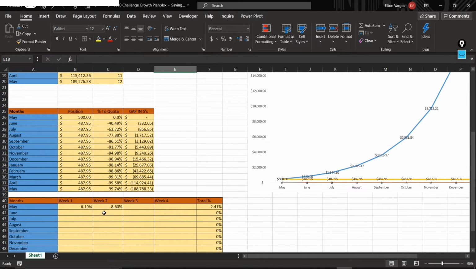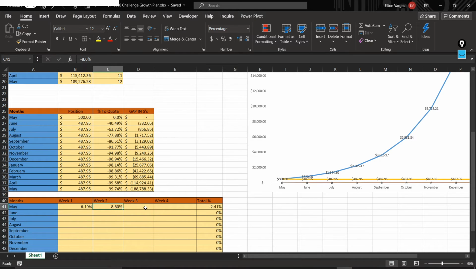So last week I was up 6%. This week I'm down 8.6%. So, very dumb move. I lost my entire profits from last week, and now I lost some extra, which puts me at a negative 2.41%.